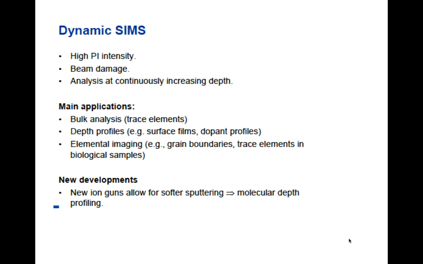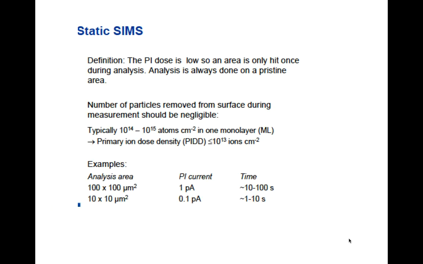The applications are bulk analysis, depth profiles, for instance for surface films, and elemental imaging, for instance grain boundaries, trace elements, and so on. And the new developments are ion guns for softer sputtering and for molecular depth profiling.